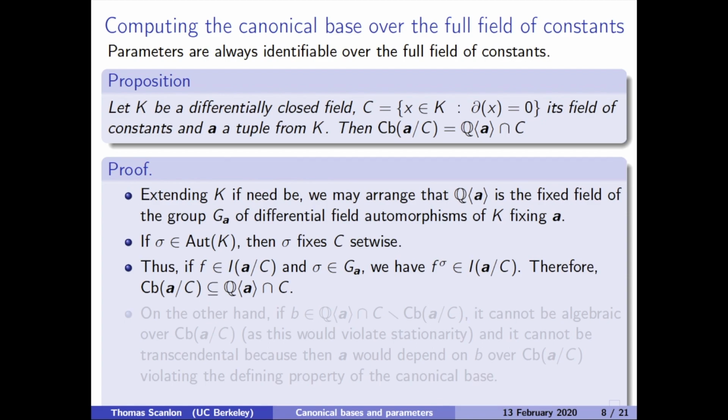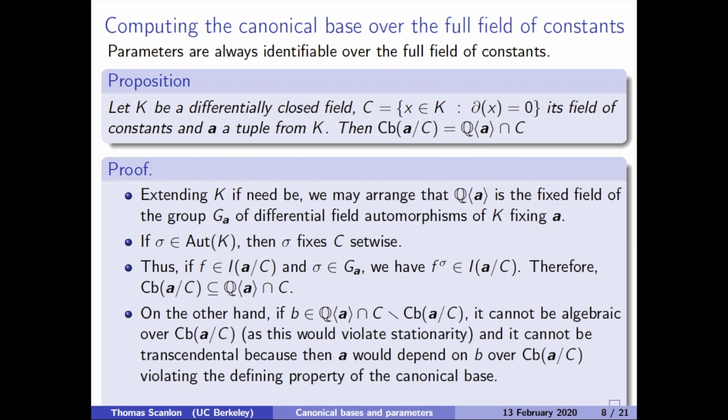Okay, so now just by the general Galois theoretic nonsense, that means that the field of definition for it is contained in the fixed field of all of G_A, meaning it's contained in the set of G_A. And we also know that, of course, I could define the ideal of A over C. So whatever its field of definition is, it's a subfield of C, so it's contained in the intersection between those two. Okay, so the canonical base is contained inside of here. And in fact, you get an exact equality.